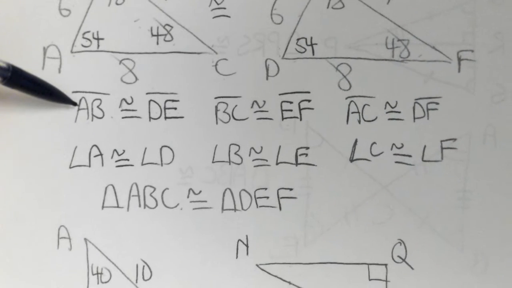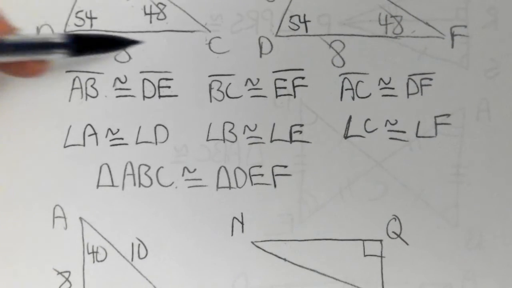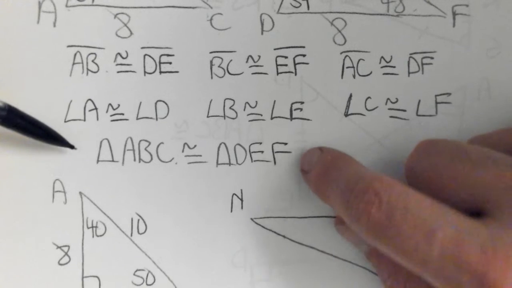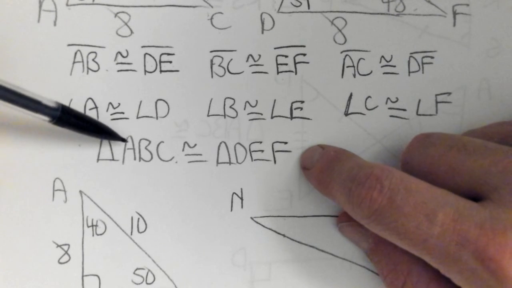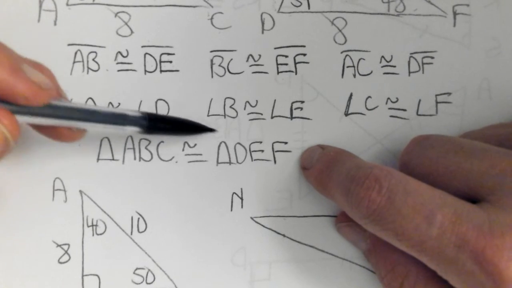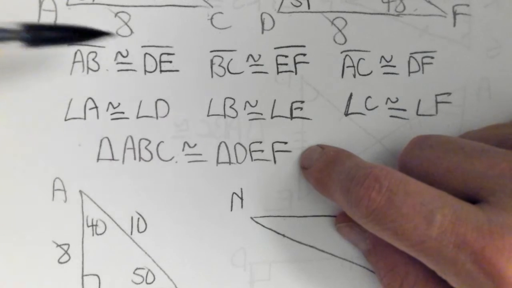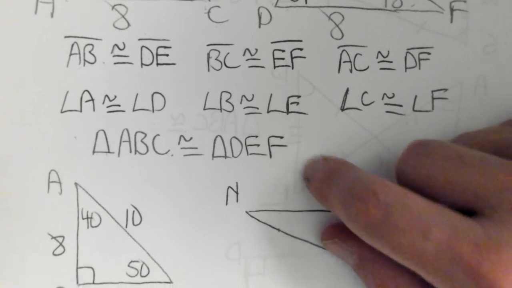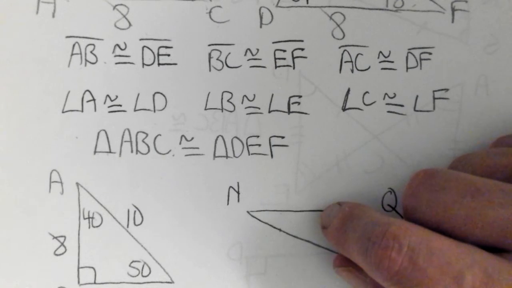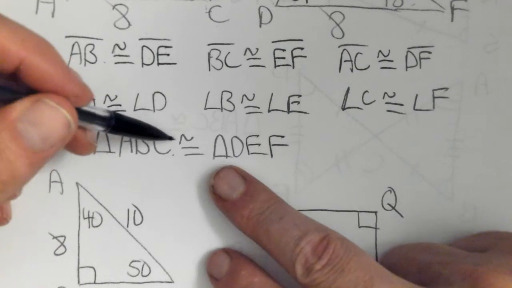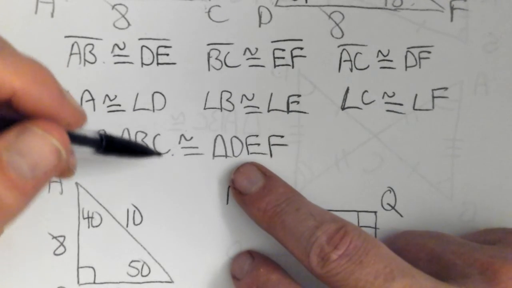Once we verify that all the corresponding parts match, then we can write this statement: triangle ABC is congruent to triangle DEF. Now, here's the thing about a congruent statement. We can't just brush over this. In a congruent statement, the order of the letters is very important.